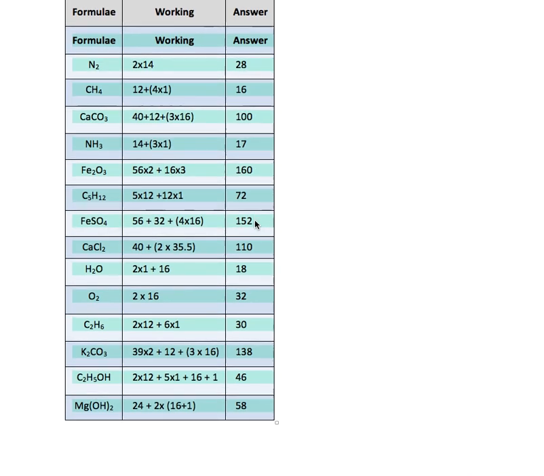We're missing aluminium hydroxide at the very end. That comes out to be 78, just in case you got that far. You should have done. So that's relative atomic mass, and a broad overview of the periodic table.